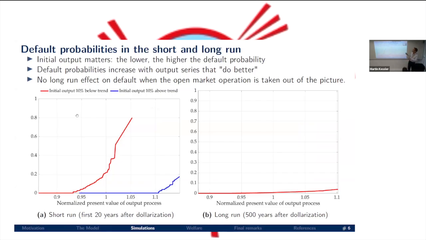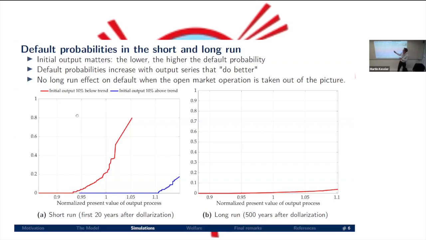And what we found is that initial output does matter, like initial conditions matter, where you come from matters. The picture on the left computes these probabilities in simulated data, considering the first 20 years after dollarization. Okay, only the first 20 years.